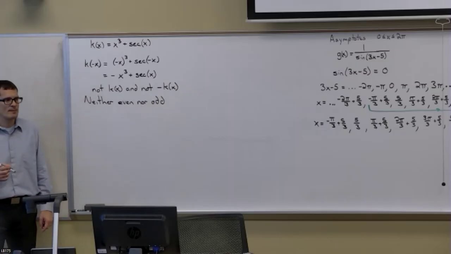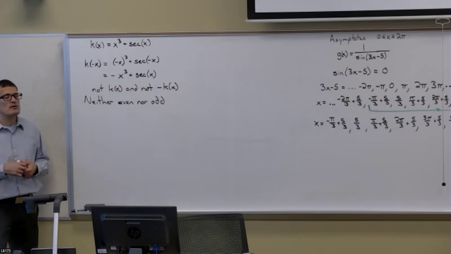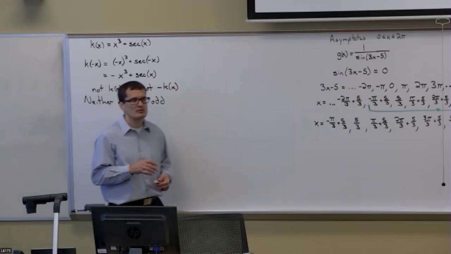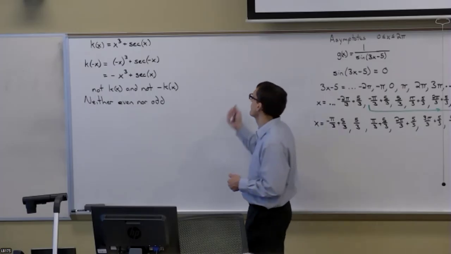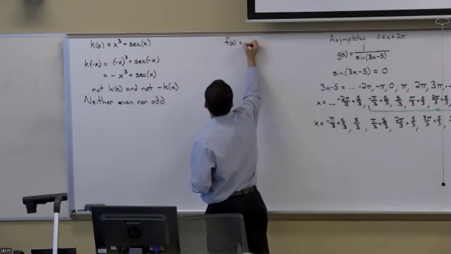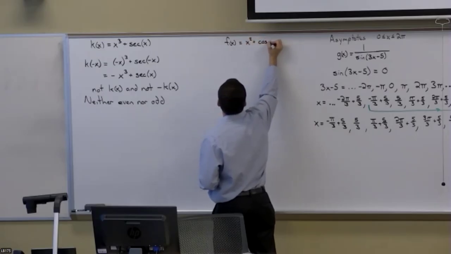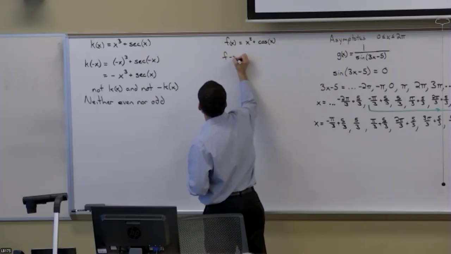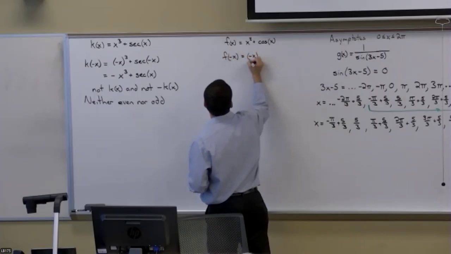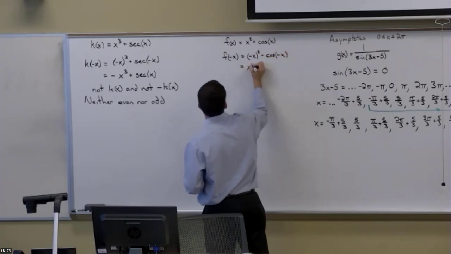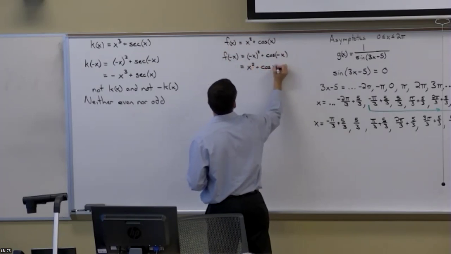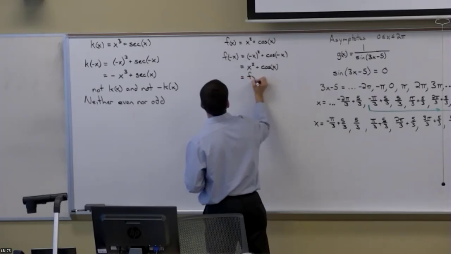If I would have done that same algebraic approach with our first function, which was x squared plus cosine of x, if I would have plugged in a negative, I would have ended up with x squared plus cosine of x, which is my original function.